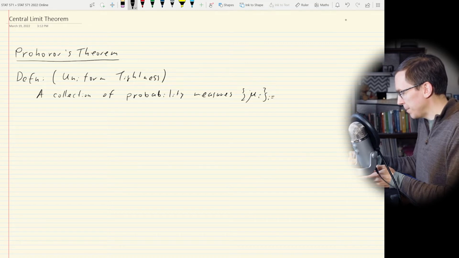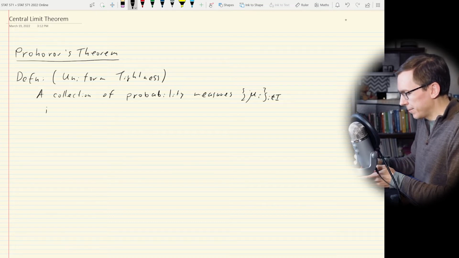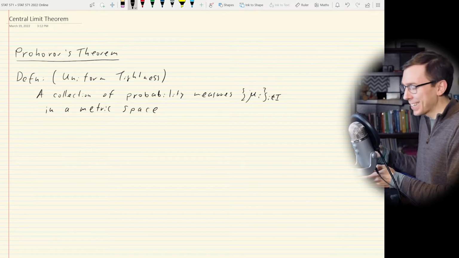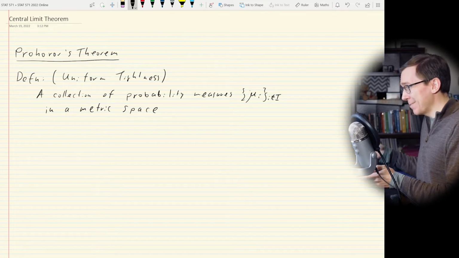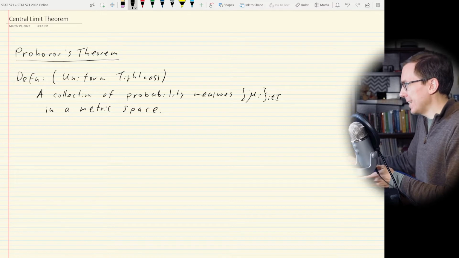It doesn't have to strictly be a sequence. We'll just say i in I, in a metric space. We need a metric space, so we have a metric and the topology defined by that metric and all the open sets and all of the sets that we need to make this definition make sense.